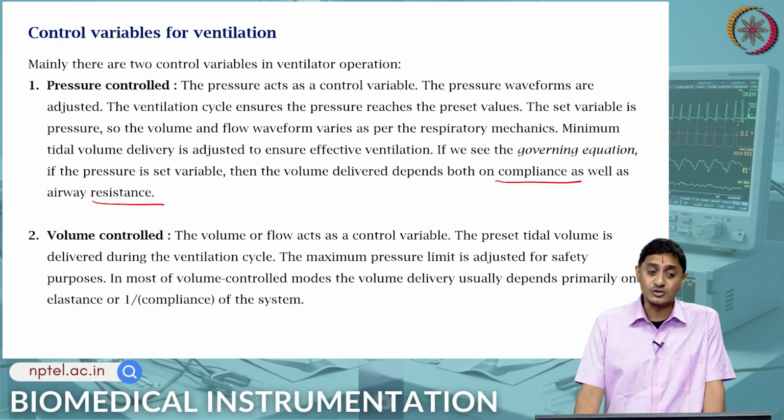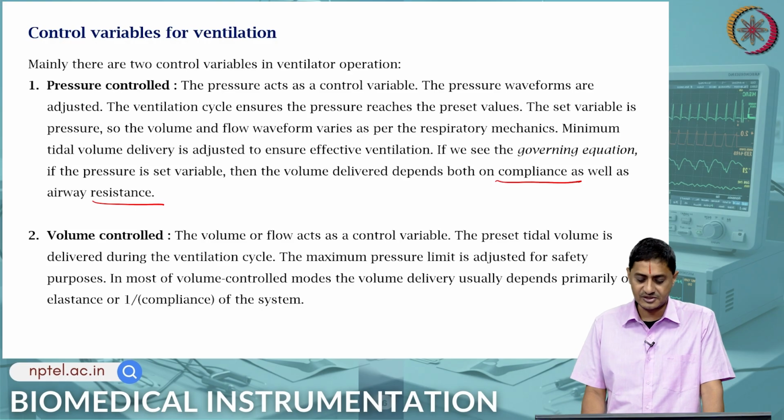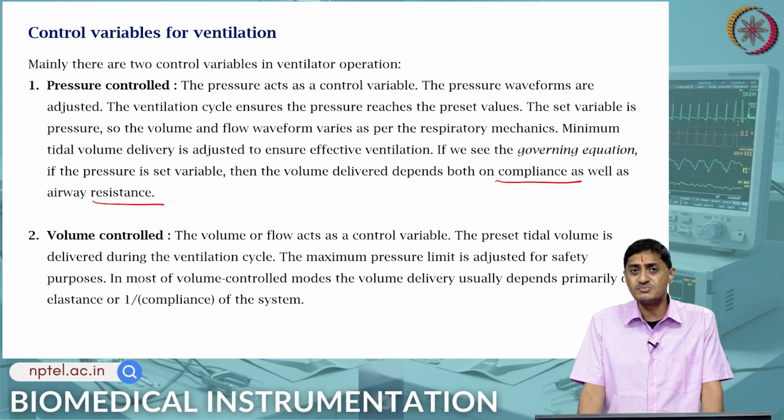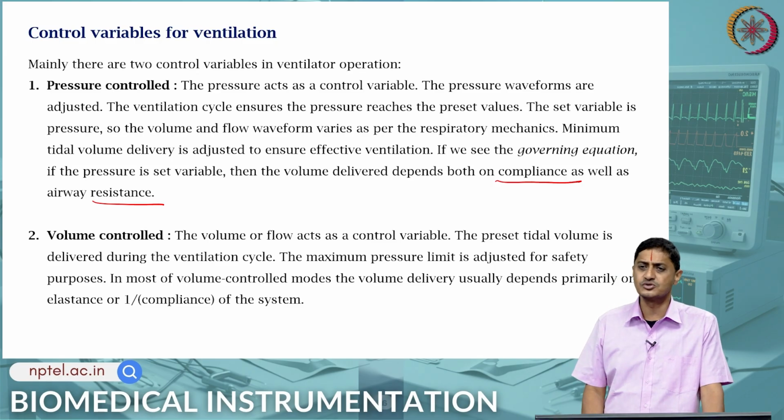Then you have volume control. In this case, it is the volume that is the set variable or control parameter. A preset tidal volume is delivered during ventilation, a given quantity of gas. In this case, you need to make sure that the maximum pressure is not reached. You set a safe value for pressure above which it should not go.